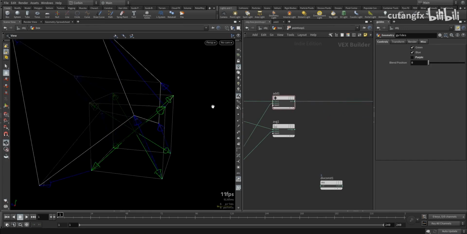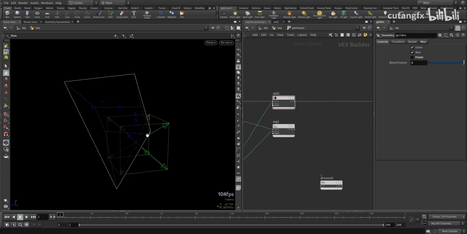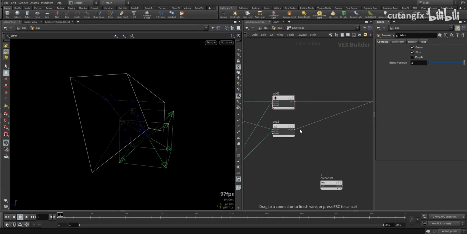It's taking a halfway point between these two vectors, finding a point that is actually halfway between them. And that's what averaging is doing.